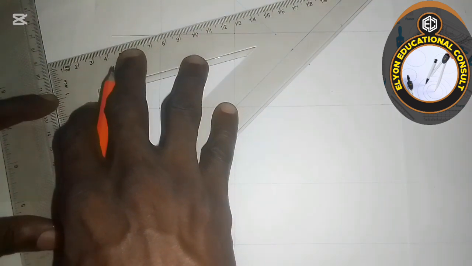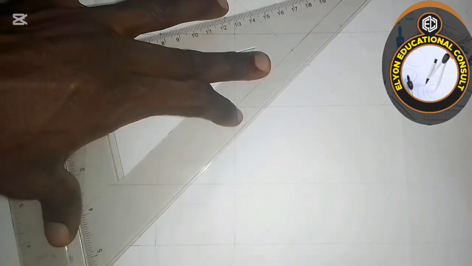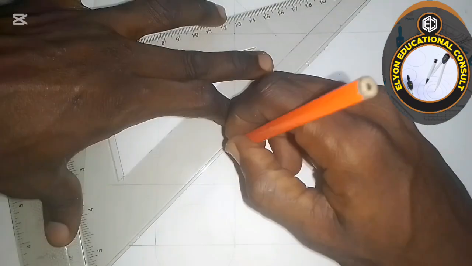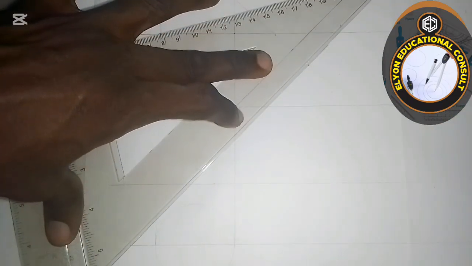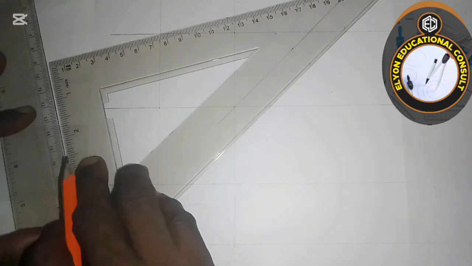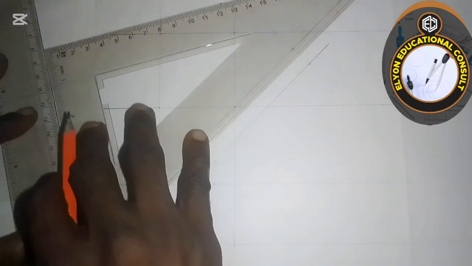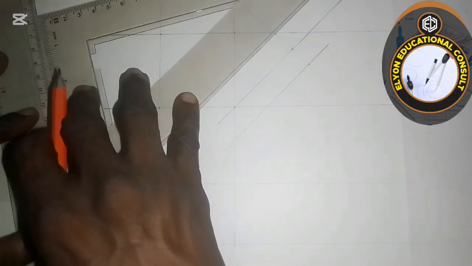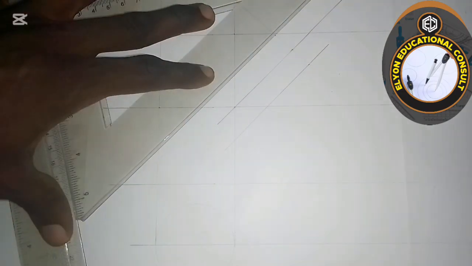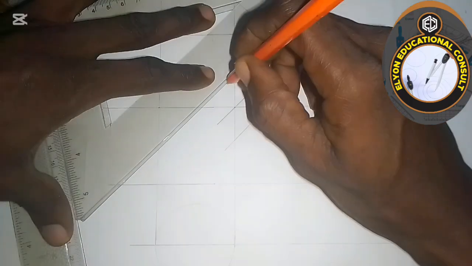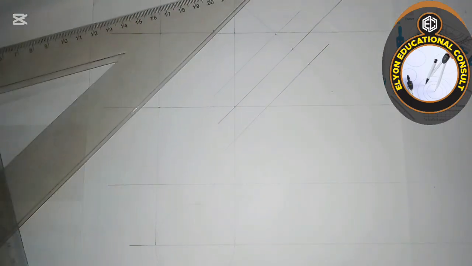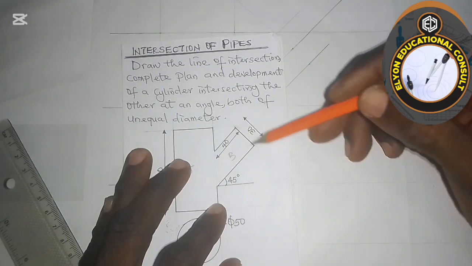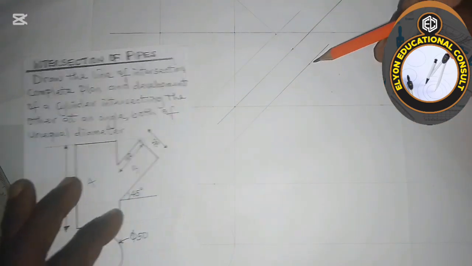So when I get to that point, now I'm going to draw this. The same thing I'm going to do for the other one at the top. So like this, now I'll produce this. I hope we can see this. So this is the diameter of this pipe B. Now this is the diameter, meeting at this point.